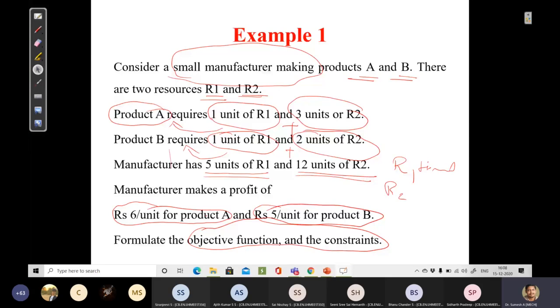Now what is the objective? Step 2 is to formulate the objective function. What is the objective function here? The resources should be limited between 5 and 12, and maximize the profit.